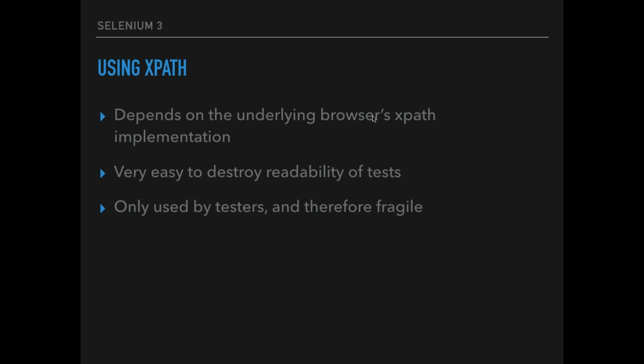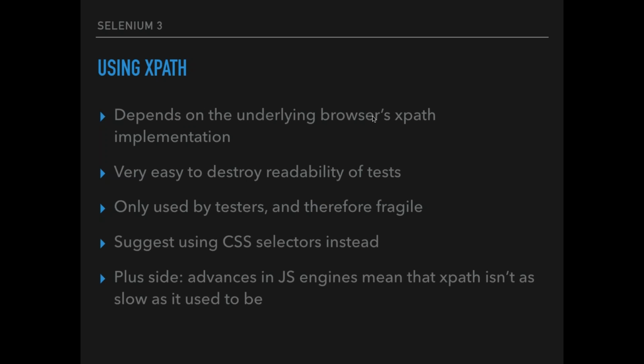Testers seem to be the only people who use XPath on a regular basis, and that causes all manner of chaos. The suggestion is, if at all possible, to use CSS selectors instead. CSS selectors are used by your design teams, and therefore you're not going to be the only people using these things. They're going to be more stable, they're going to be less fragile, and the nice advantage is they tend to be slightly easier to read.